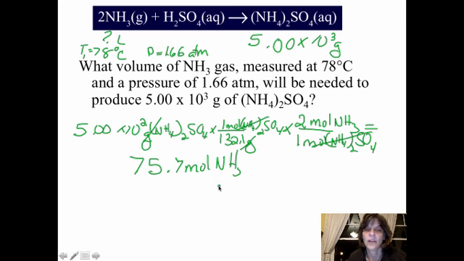But now I want to know the volume. So here's where the handy dandy ideal gas law comes in. We could say how many liters of this at standard temperature and pressure and then do the combined gas law, but I think you'll agree that this is a slightly shorter method.